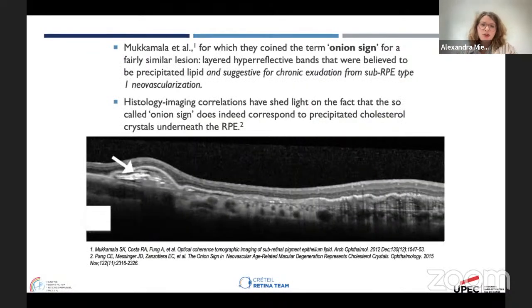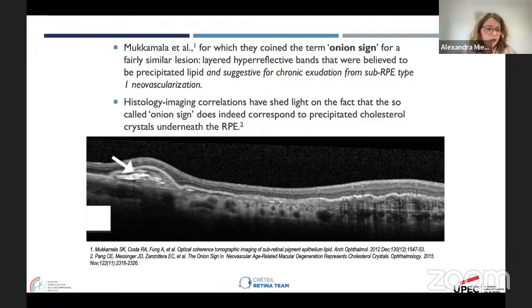And I think you all know the onion sign described by Mukkamala and Balaji Freund, more than 10 years ago, with these layered hyperreflective bands that were believed to suggest chronic exudation in some patients.